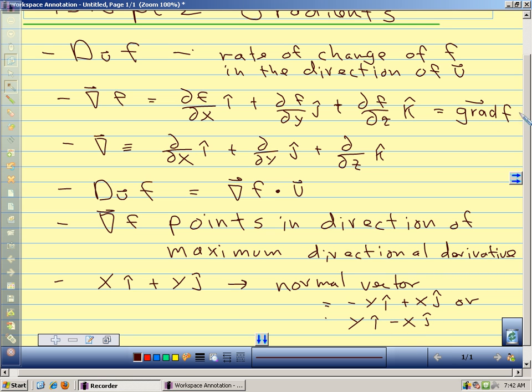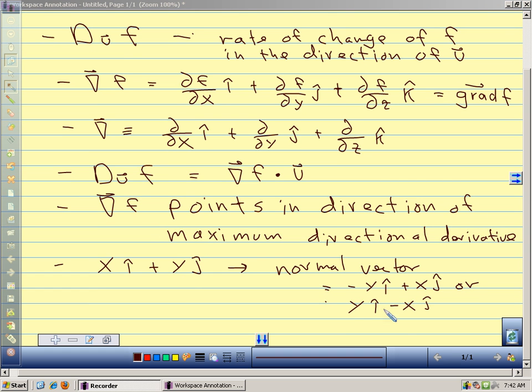So to find a vector that's normal to a vector in the plane, we switch the x and the y and change the sign on one. That will come up a little bit here and there as we move on.